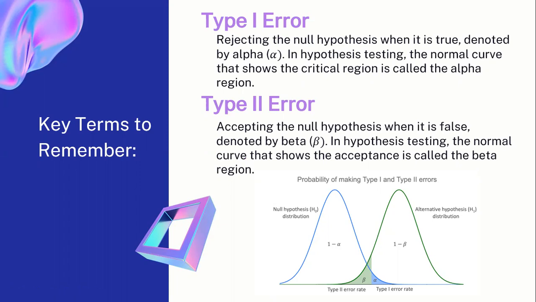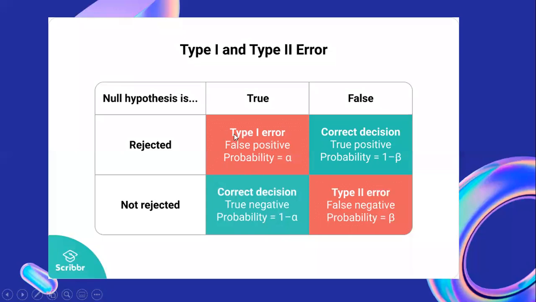Okay? So it's a bit confusing. So let's try to sum it up. When we say type 1 error and type 2 error, you will base it on your null hypothesis. When your null hypothesis is true but you reject it, then that is a type 1 error.